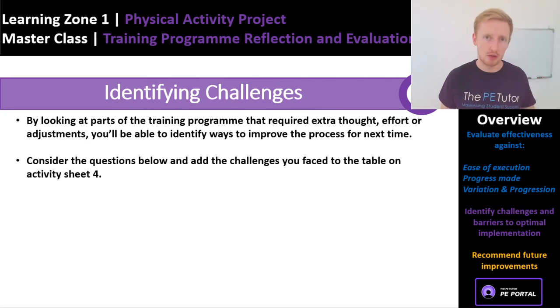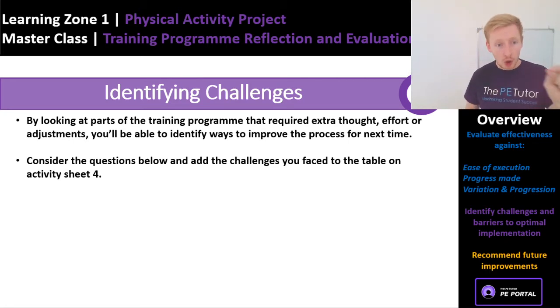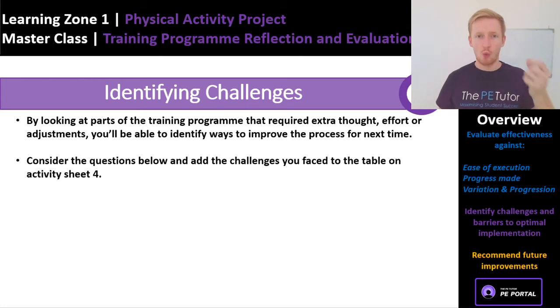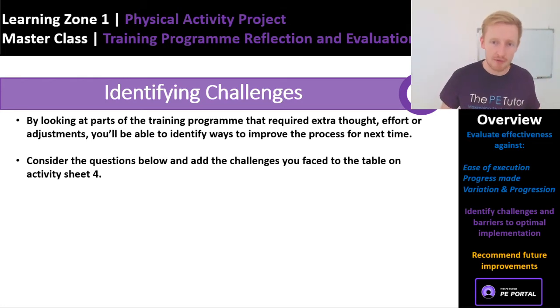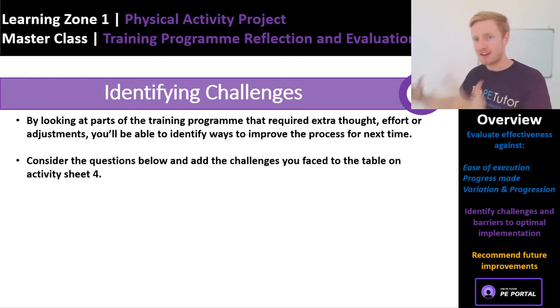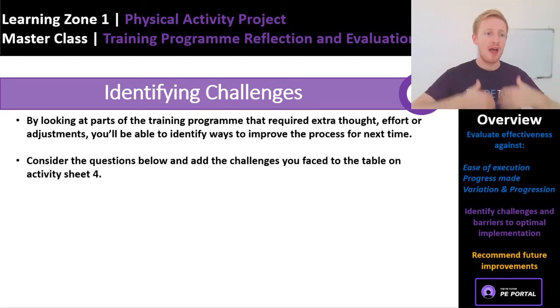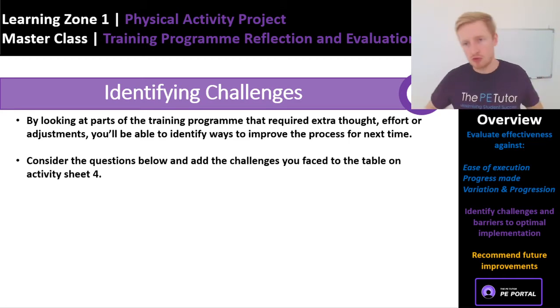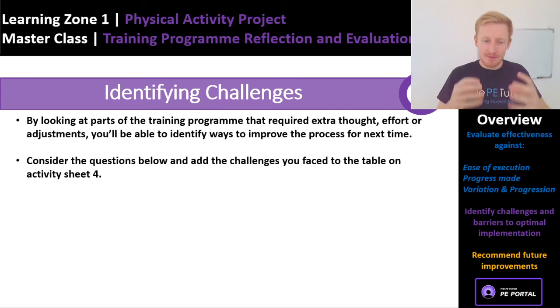What was difficult about you completing your training program? So by looking at different parts of your training program, where did it require extra effort? Where did it require extra time? Where did it require extra planning or adjustments or tweaks? Those sort of sticking points that prevented it from being this really easy, simple process to follow.